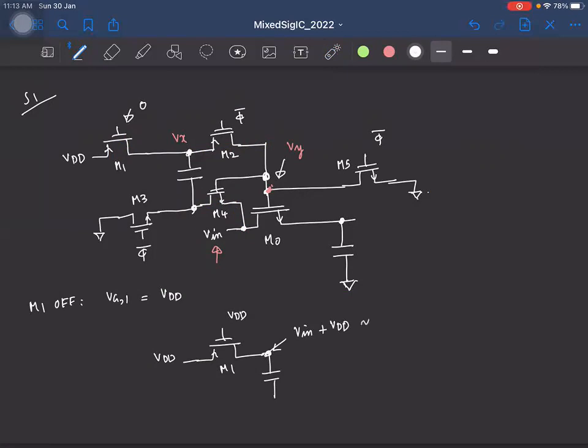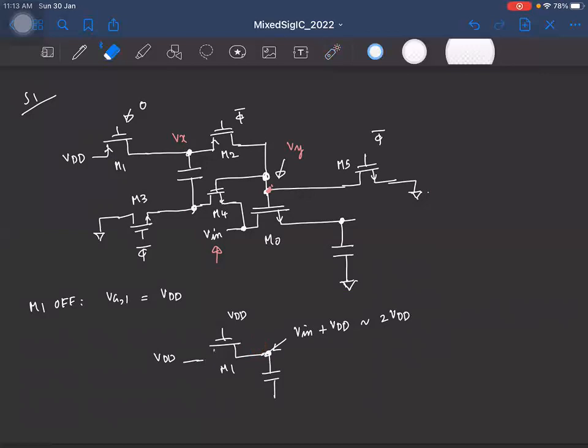And we know this can go as high as 2 VDD, right? Because Vin can reach as close to VDD as possible. So which means what will happen for a PMOS, the terminal with the highest voltage will act as the source. So in this case, this has the highest voltage, so this will become the source now.